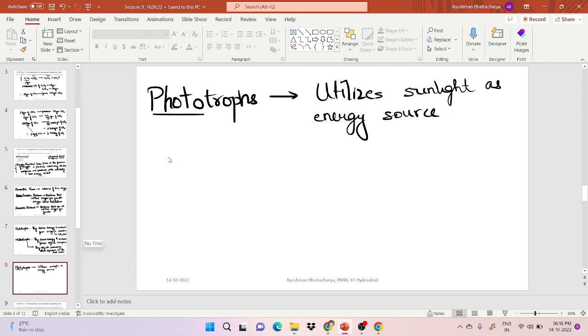There are a couple of other things you should know. One is aerobic heterotrophs.